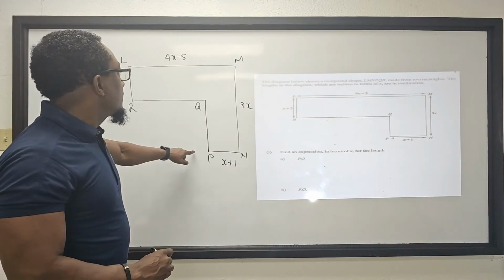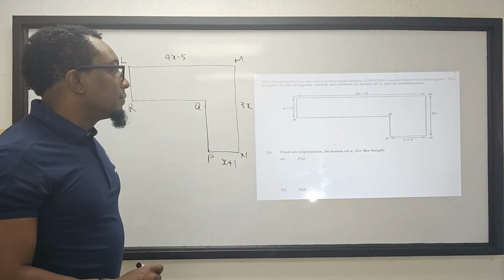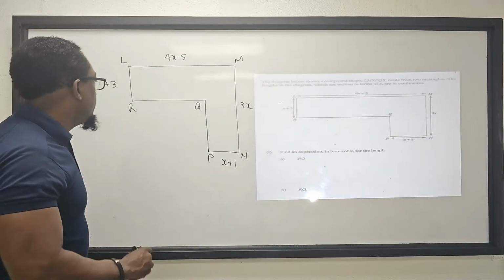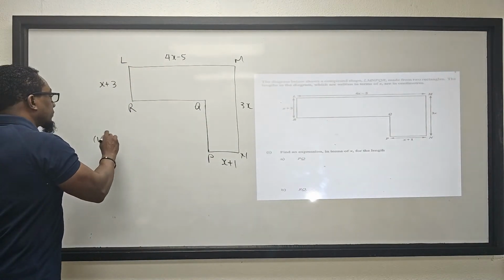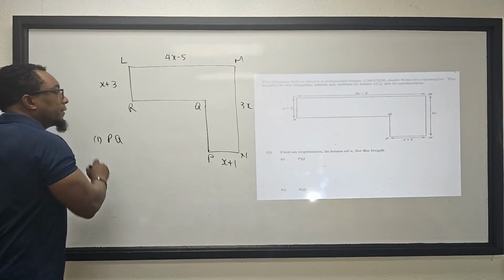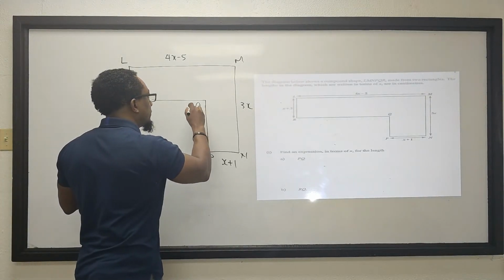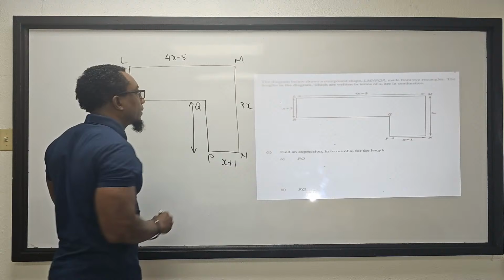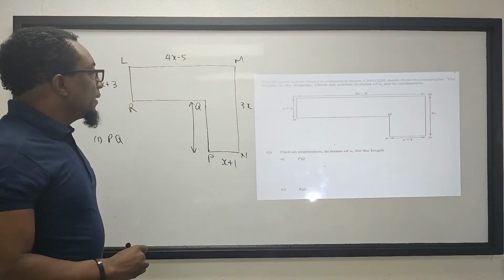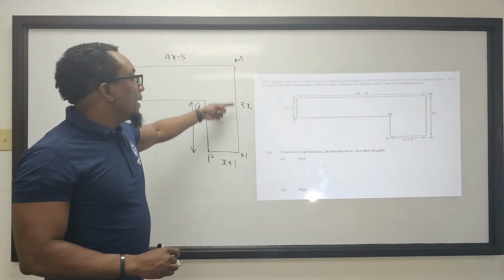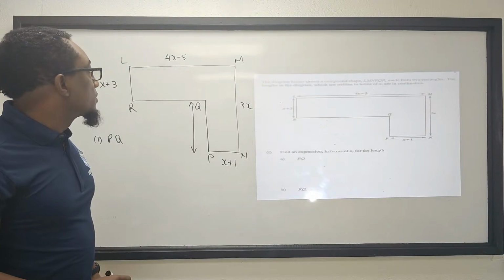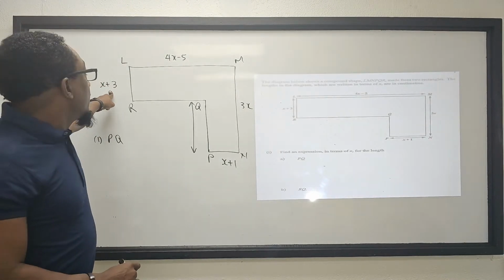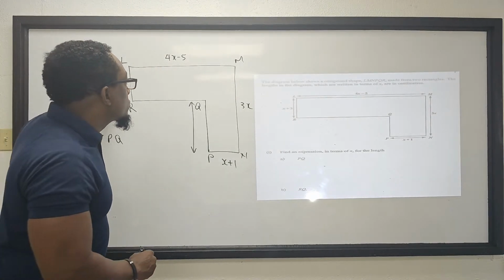So they want us to find the length of PQ and the length of RQ. So let's find PQ first. To get the length of PQ, which is this length here, well, simply we know that the length of MN is 3x, and we know that the length of LR is x plus 3.